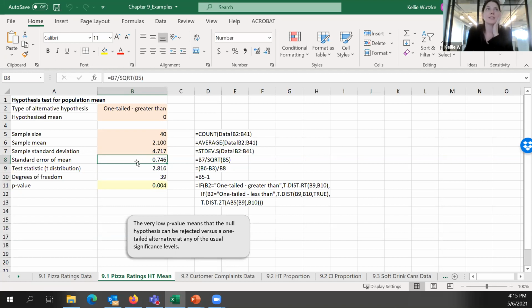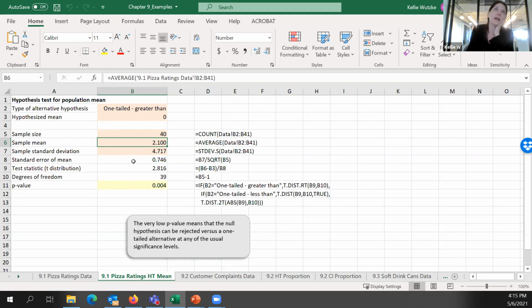So in this case, our sample mean was 2.1, which is good, it's greater than 0. And our p-value is 0.004. That's a nice low p-value. We have evidence to reject the null hypothesis. We can say, yes, there's clearly a preference with your customers for the new pizza.